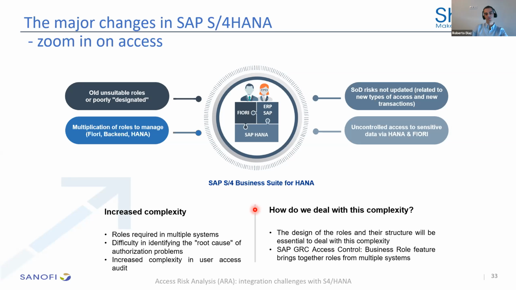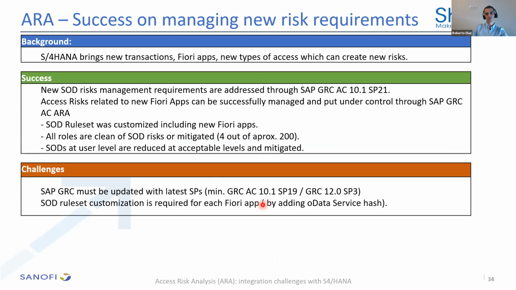And of course, all these new elements bring new complexity and new risks. Okay, so now I would like to focus on the successes and challenges that we got to integrate access risk analysis. Let's focus now on access risk analysis with our S4 platform.